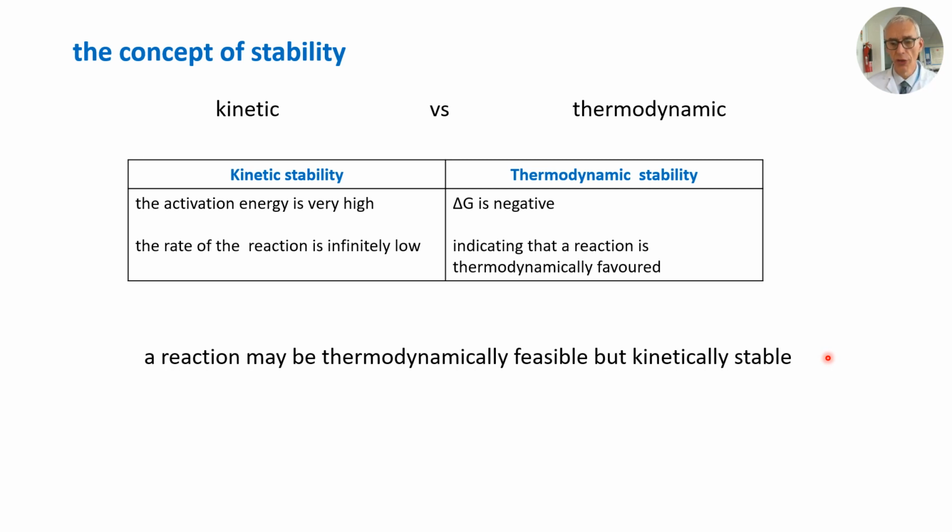So, although energetically it is expected that the reaction will proceed spontaneously, the rate at which it happens is infinitely slow. In practice, if we have an infinitely slow rate of reaction, that is kinetic stability, then the reaction is regarded as not occurring.